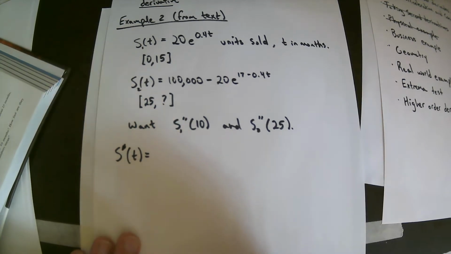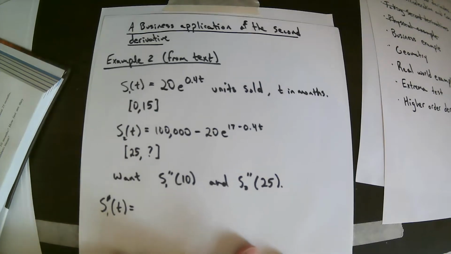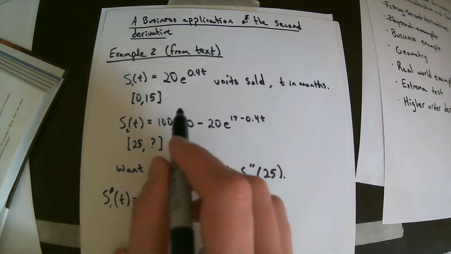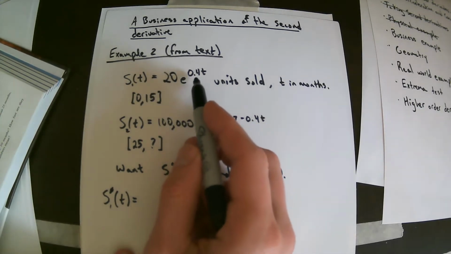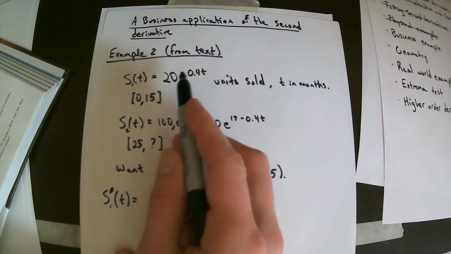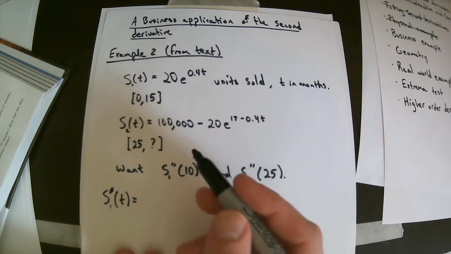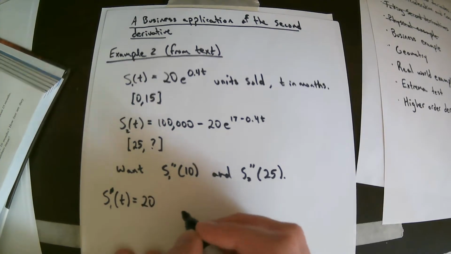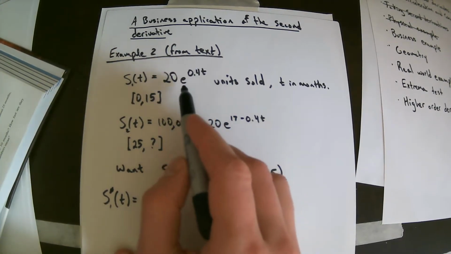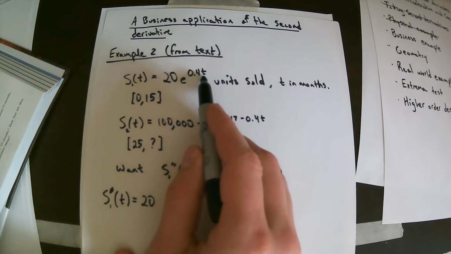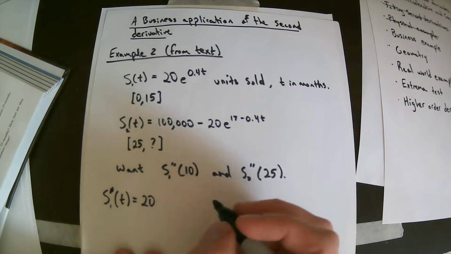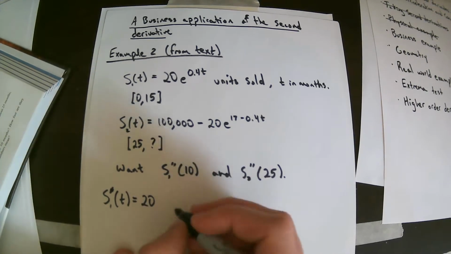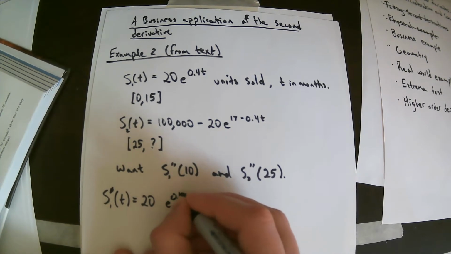First derivative first of the first function. So that's going to be, let's see, taking the derivative of this e to the t function, but it's got that 0.4 up there. But remember, all that happens is that drops down because of the chain rule. So first of all, the 20 stays there, and then we use the chain rule on e to the 0.4 t. Say derivative of the outer is just the function itself again, because it's an e function, so we would just say e to the 0.4 t.